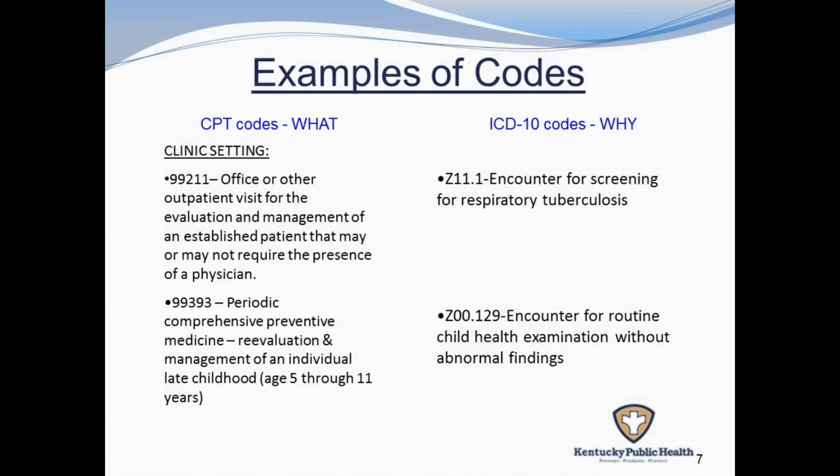Other things we'll go over in a little bit. And then your ICD-10 codes, which I'm sure everybody's hopefully pretty used to. We have the Z00.129, which is encounter for routine child health examination without abnormal findings. So there's something that you all use quite a bit, I'm sure, for your preventive visits.